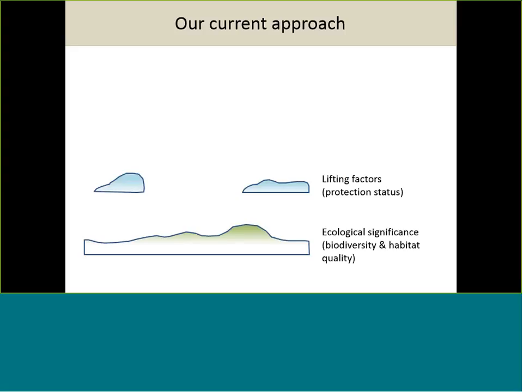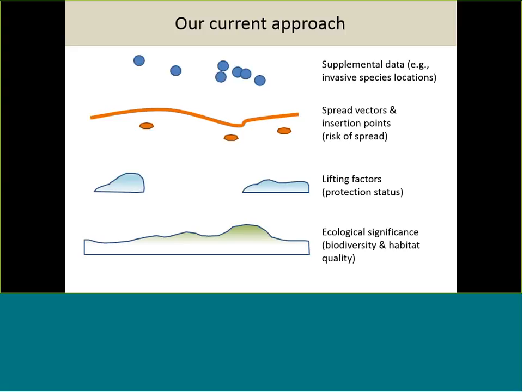So if something had a very high biodiversity metric, then that could also be lifted even more so in the model by having some type of protection status, like maybe it's a state park or some type of state forest. And then we also included in this spread vectors and insertion points. So this is essentially the risk of spread, which is mapped out by human stressors. And then on top of these data layers that we use to create the model, we incorporate the invasive species locations that we have.